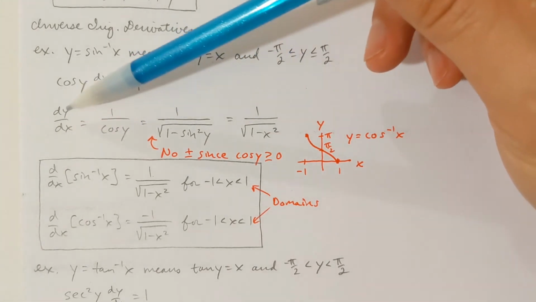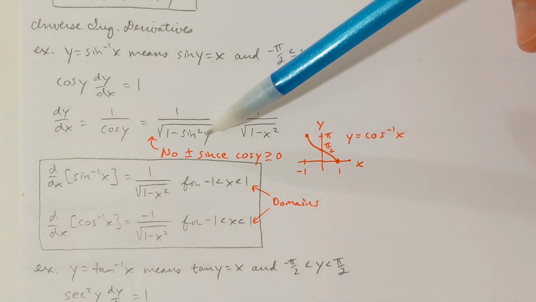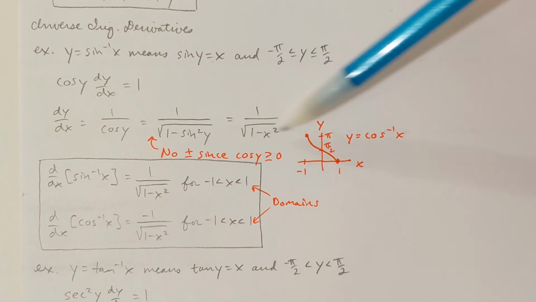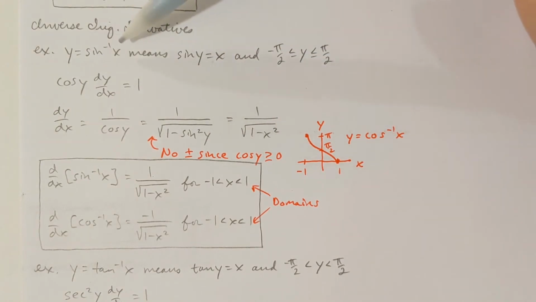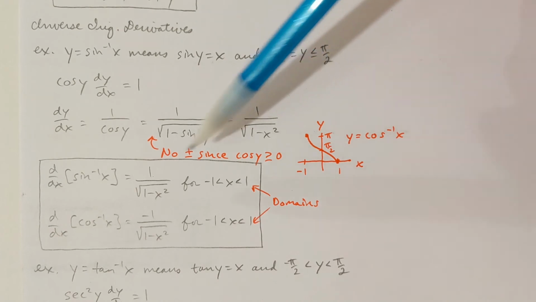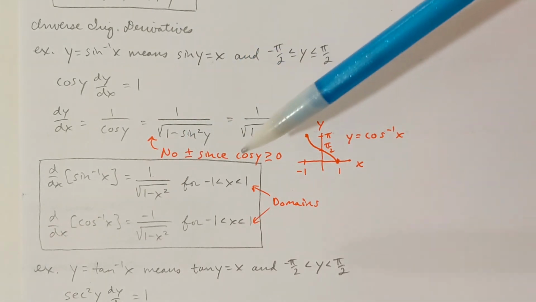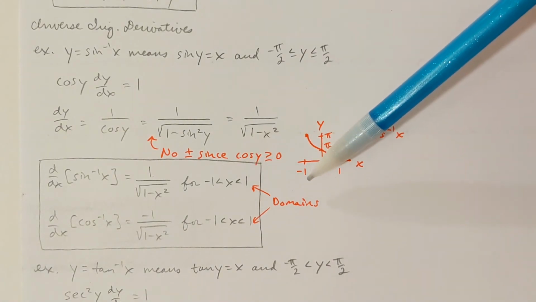And I'm finding dy dx, I'd like to have a formula in terms of x. Well, if sine of y is x, then sine squared of y would be x squared, right? So the derivative of sine inverse of x would be 1 divided by the square root of 1 minus x squared. This would be for values of x that are between 1 and negative 1.